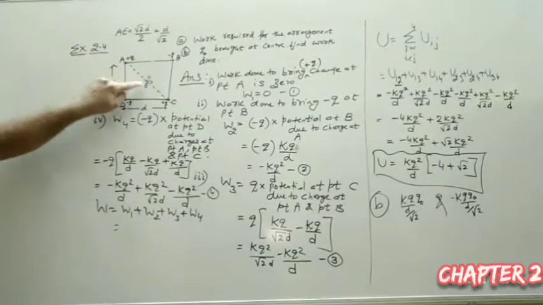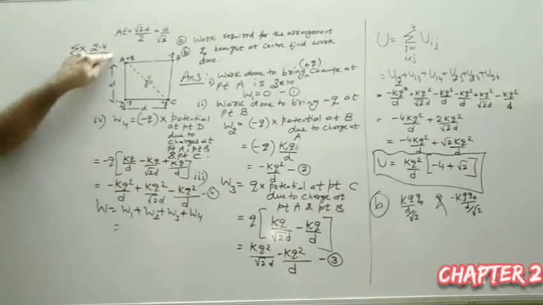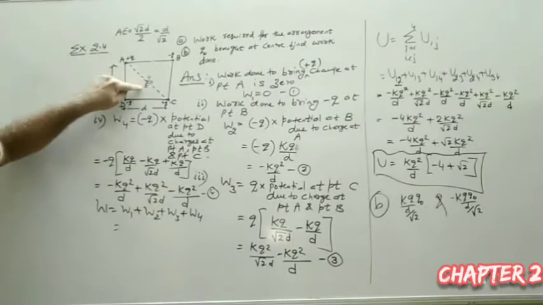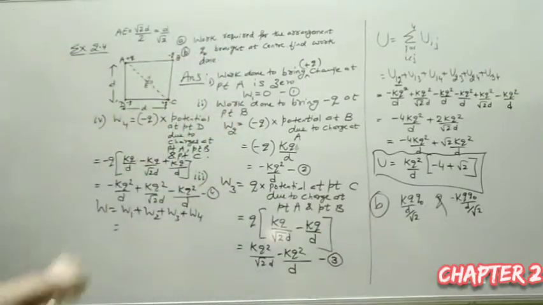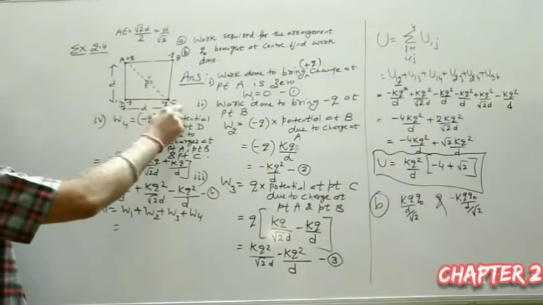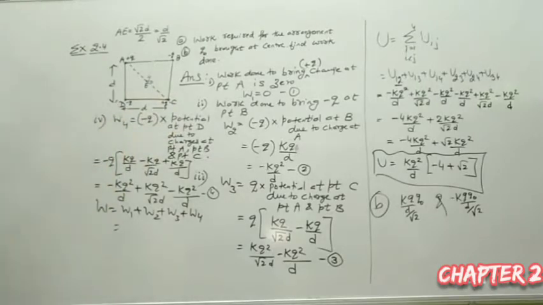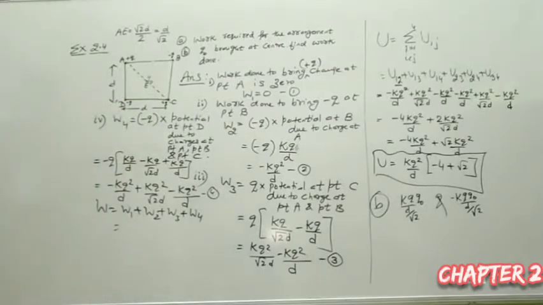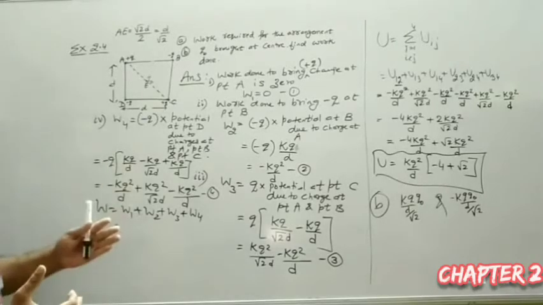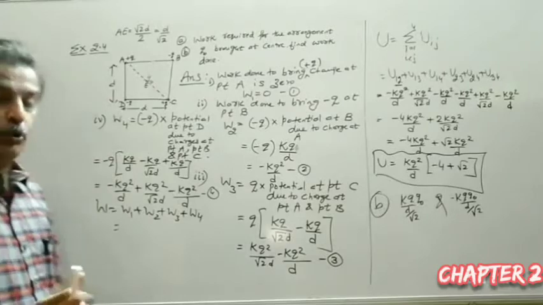So potential at E due to A and due to B will have opposite signs. Then potential at E due to C and due to D will also have opposite signs, and therefore the total potential becomes 0. So this is how we find the total work done should be 0.